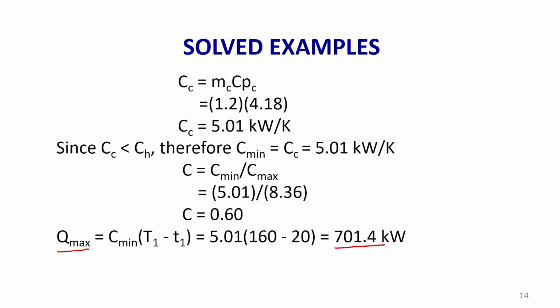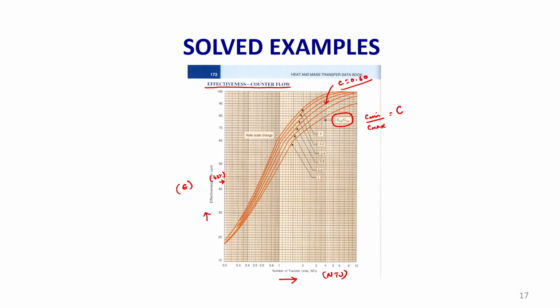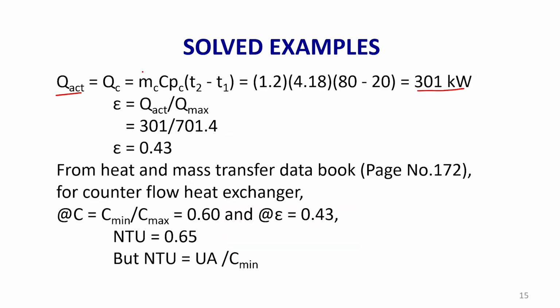The next one is from the heat and mass transfer data book, page number 172. The C value is 0.60, which we have calculated, and epsilon value is 0.43, which we have calculated just now.